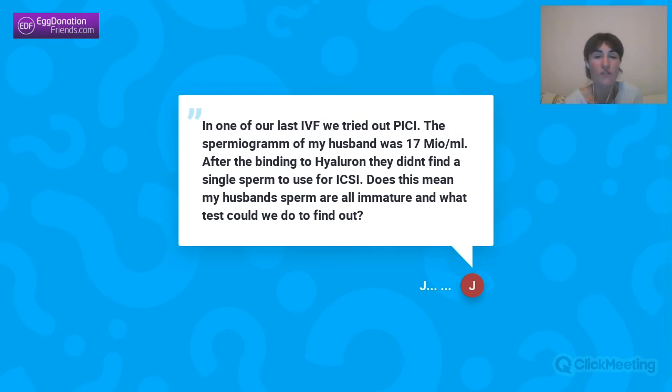Also, when you're at the moment of a cycle and you have to find sperm cells, you're running against a clock because you have to fertilize the eggs before a certain time. You cannot do it at 8 o'clock at night if the egg retrieval is early. The ICSI procedure has to be around 4 hours after the egg retrieval. So probably the laboratory will not have had time to inspect the 17 million sperm cells.